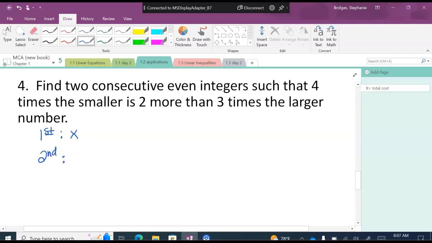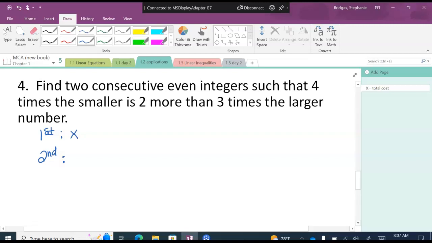The second number, we have to think about this for a second. To go from 2 to 4, how many do I add? 2. To go from 6 to 8, how many do I add? 2. And from 12 to 14, I also add 2. So anytime you have these word problems, if it says consecutive even or consecutive odd, think about that.